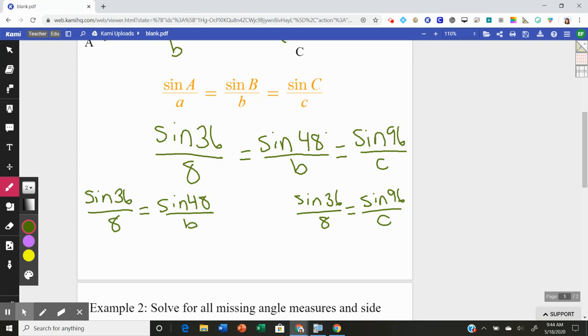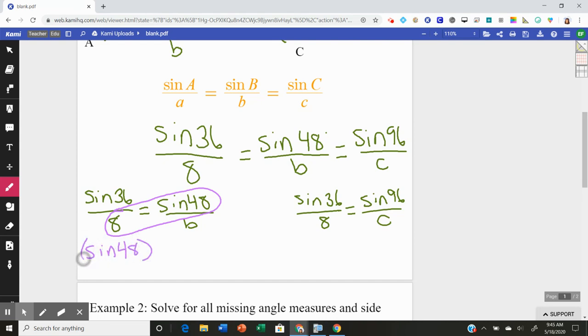From here, this is just a cross multiply and divide. So if I use this first ratio here, sure, let's cross multiply. So I end up with sine of 48 times 8 is equal to B times the sine of 36.